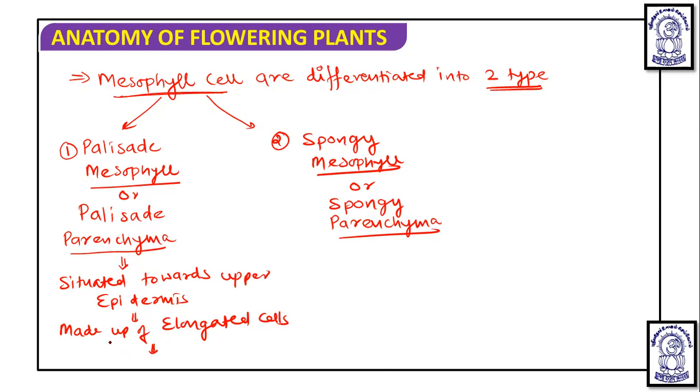And these have more chloroplasts and large vacuole. But the important feature, due to the elongated nature in palisade mesophyll, is that the air cavities or intercellular spaces are absent.